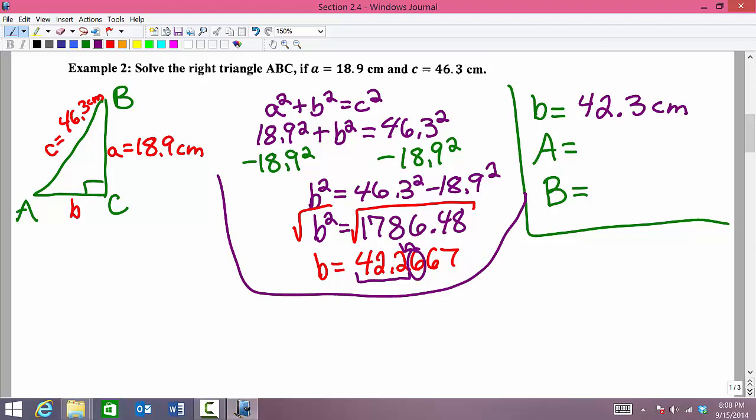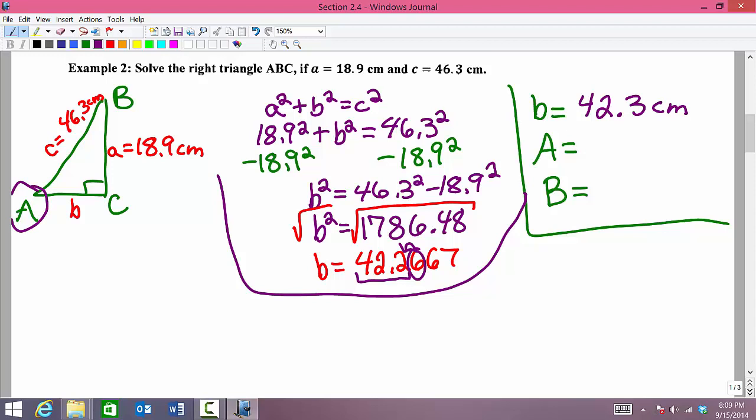So we know two of the sides. We could find the third one very easily using our Pythagorean theorem. Now we are looking for angles A and angle B. We already know that angle C is 90 degrees, so we need to find the other two angles. Okay, let's find angle A. And we're going to find angle A using the sides that we were given at the beginning.